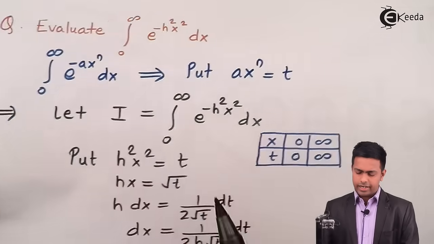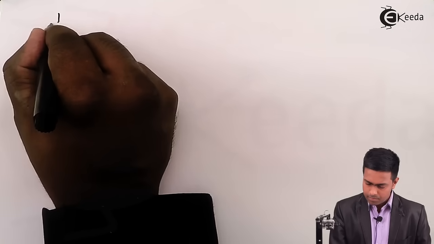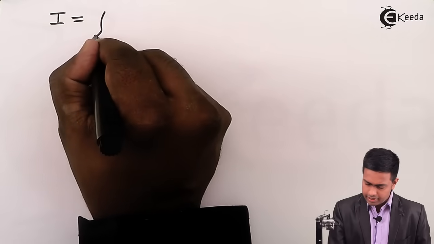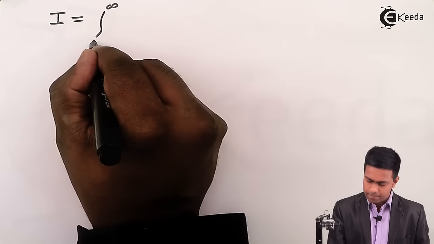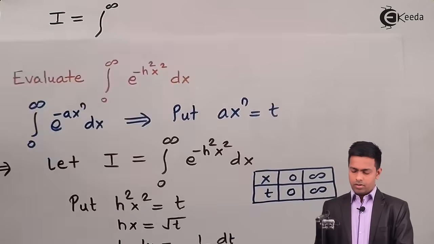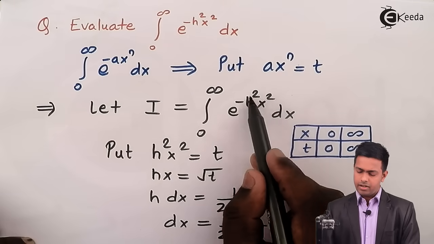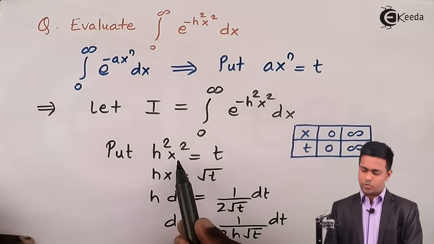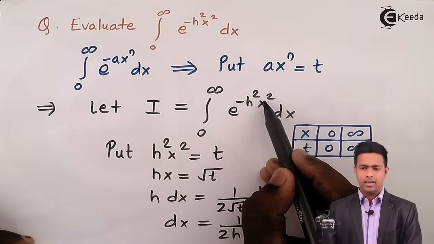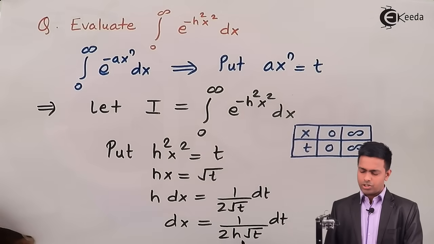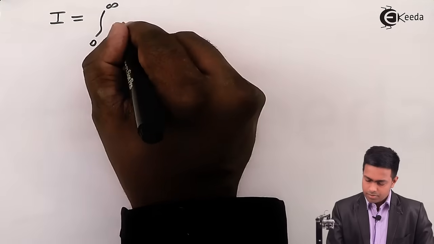So here we'll get I as integration from 0 to infinity. This term will become e raised to minus t, because x square is t, so e raised to minus t, and dx is 1 by 2h root t dt.